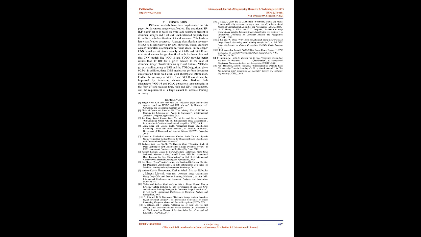Aadhar Card classification accuracy is 88%, PAN card classification accuracy is 84%, voter ID classification accuracy is 86%, and passport classification accuracy is 84%. Although the textual feature classification model's true positive rate is good, at the same time, the false positive rate is very high.